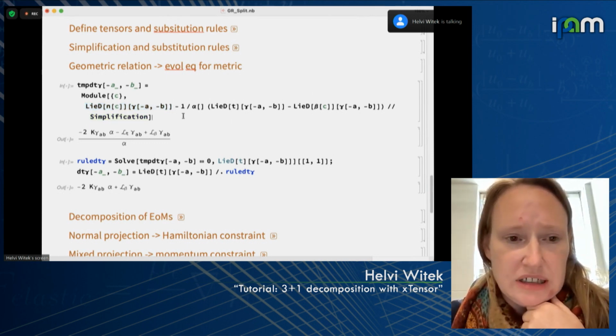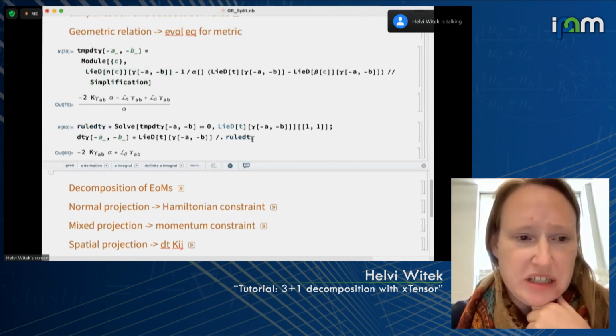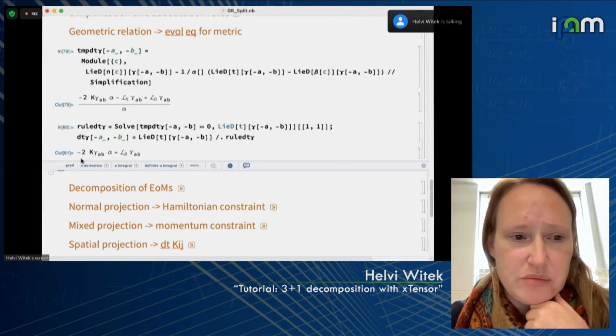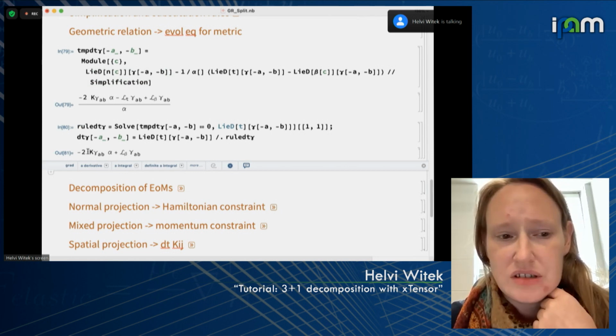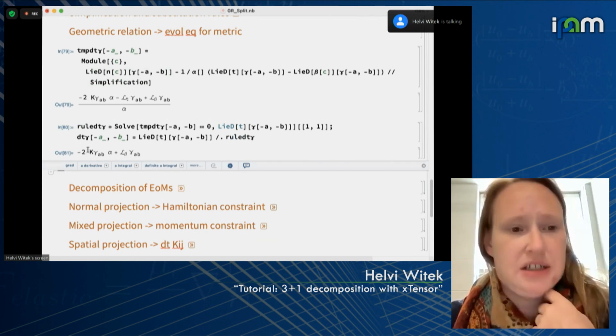And I'm, as I said, so this is more complicated than necessary, but will give me just the time derivative of the metric, which is given by -2 times the lapse times the extrinsic curvature, and this k gamma AB here is the extrinsic curvature with respect to my induced metric.